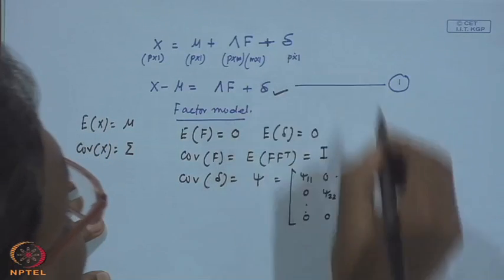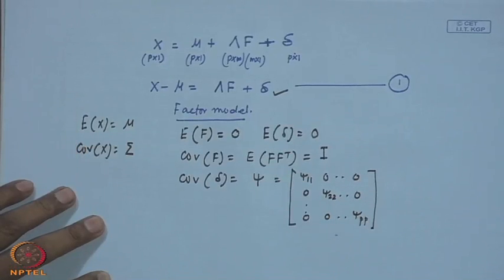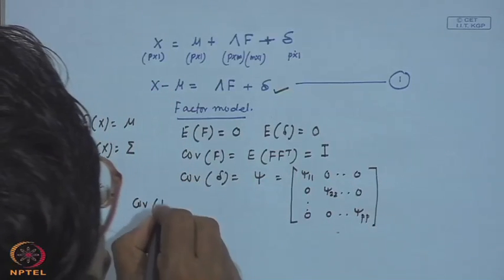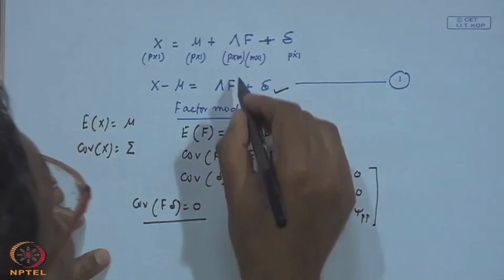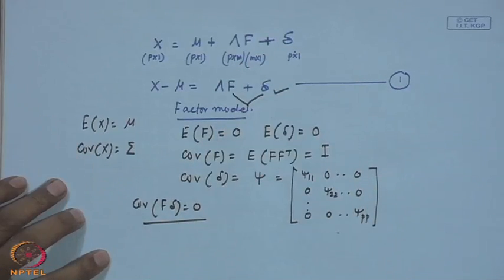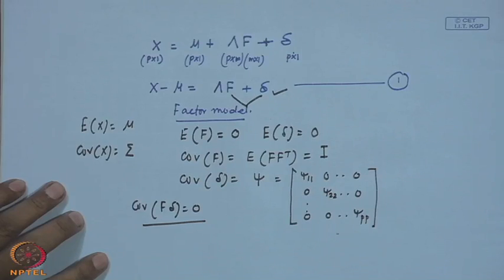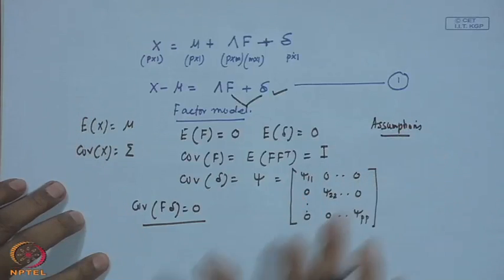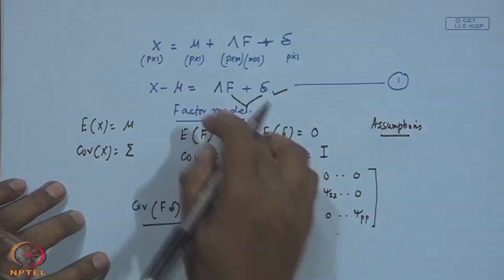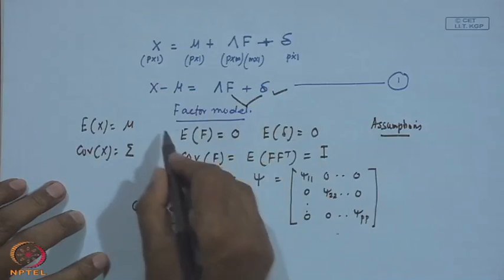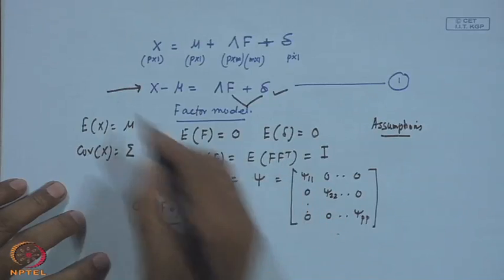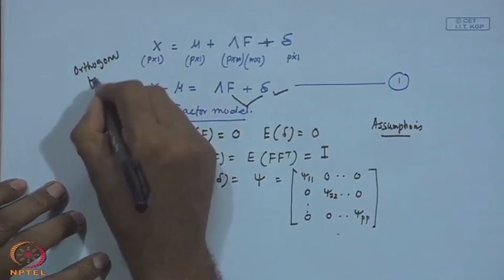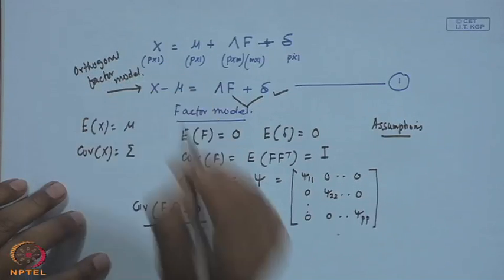Psi will be p cross p. And covariance of f and delta is 0. That means f and delta covariance is 0. So, these are the assumptions. If these assumptions hold, then this factor model is known as the exploratory factor model. Orthogonal, definitely exploratory plus orthogonal. Okay.